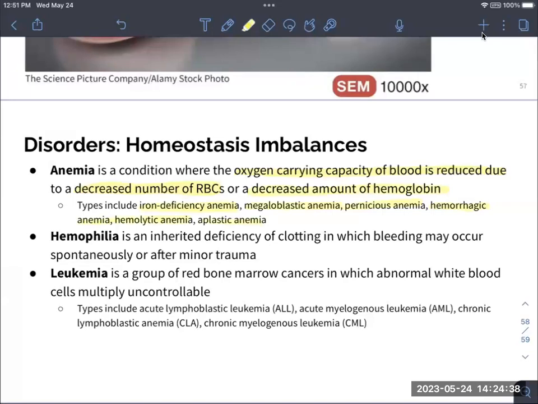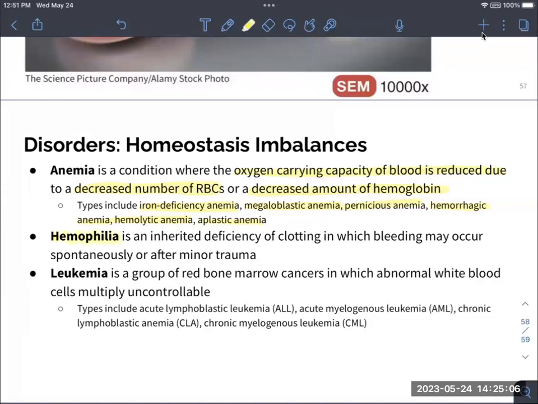These all deal with different factors. Some with a deficiency of B12. Red blood cells are too big, red blood cells are too small, not enough iron in the blood. Red blood cells are hemolytic, so they're breaking apart. Hemorrhagic, that's because of a hemorrhage where you've lost too much blood. So there's a lot of different things that can cause it.